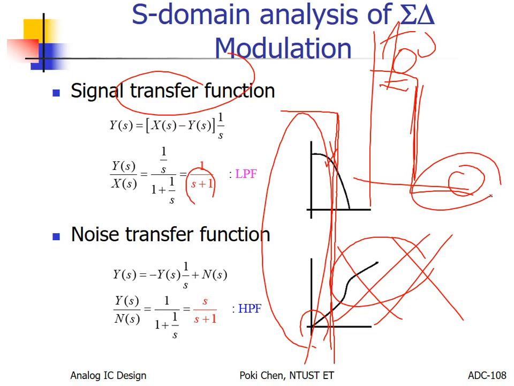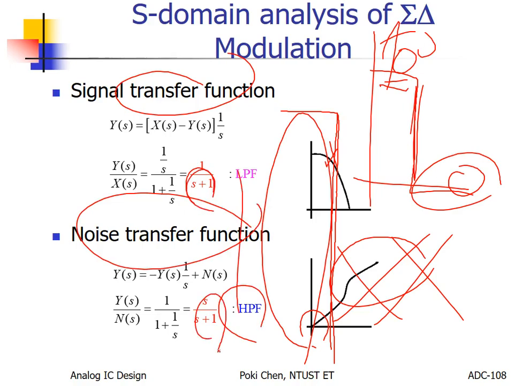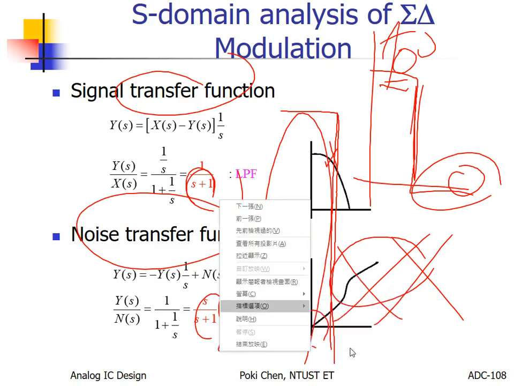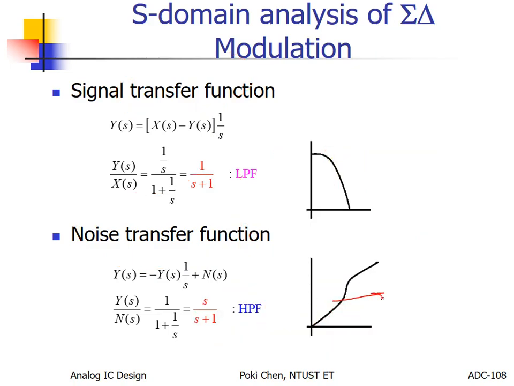And then how about the noise transfer function? The same. If you increase the order from the first to the second to the third, again, the transition slope will become steeper and steeper. That is what we want. So in theory, with infinite order, it will look like that: zero noise in band, and all the noise energy is moved out.